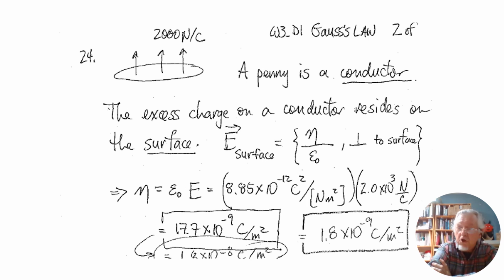So we get our charge density by substituting in the appropriate numbers. And the 2,000 is just two significant digits, and it's so much easier to just write 2.0 times 10 to the third.